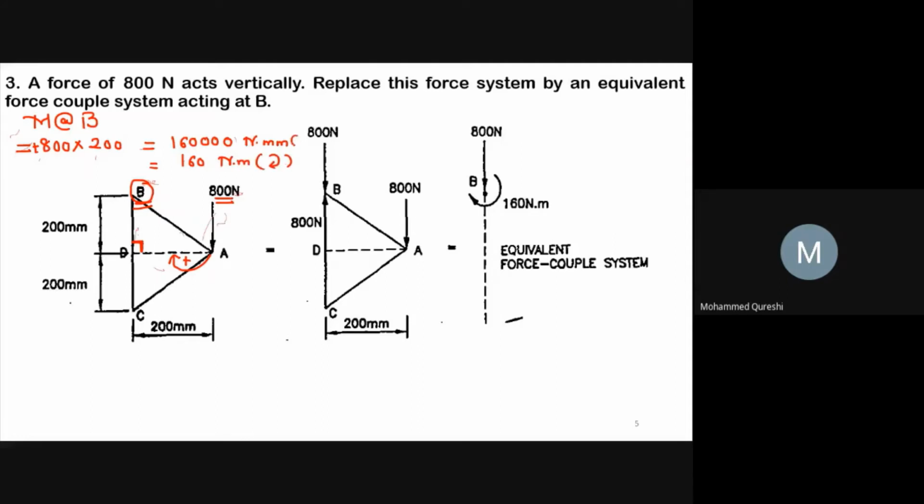It is positive, hence I will denote it by clockwise direction.